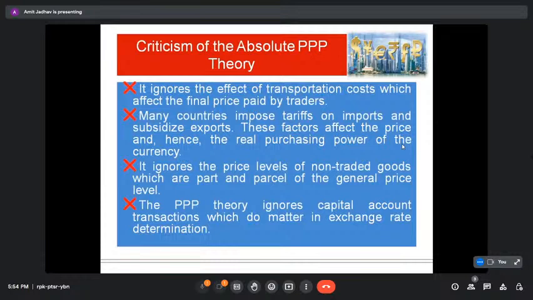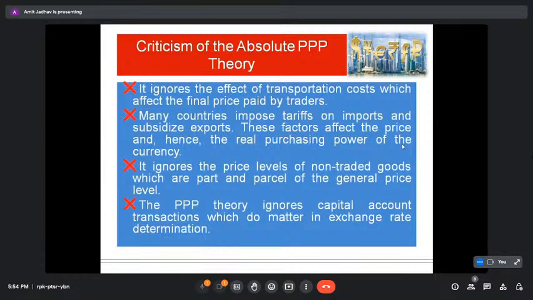The purchasing power parity theory also ignores capital account transactions, which do matter in exchange rate determination. Last lecture we discussed that there are transactions in the capital account, that is, capital inflow and capital outflow.